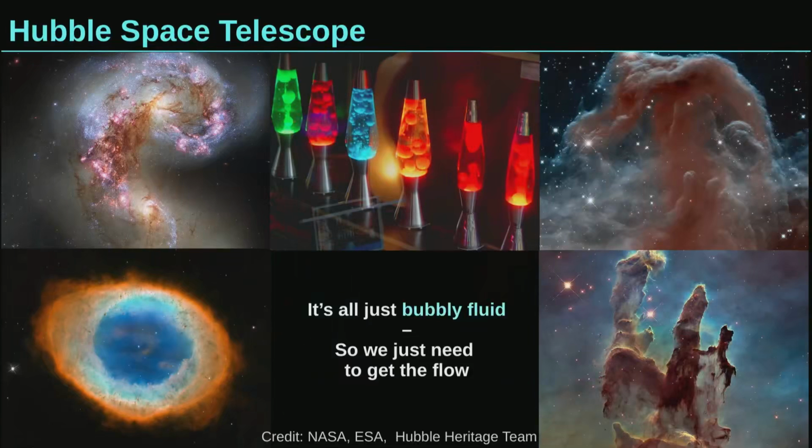So when we look at the night sky, what do we see? Of course, we see stars and those beautiful nebulas. They are gas and dust, and all of these images are taken with the Hubble Space Telescope. Oh. So there's one image that doesn't belong in there. But it looks very similar, right?